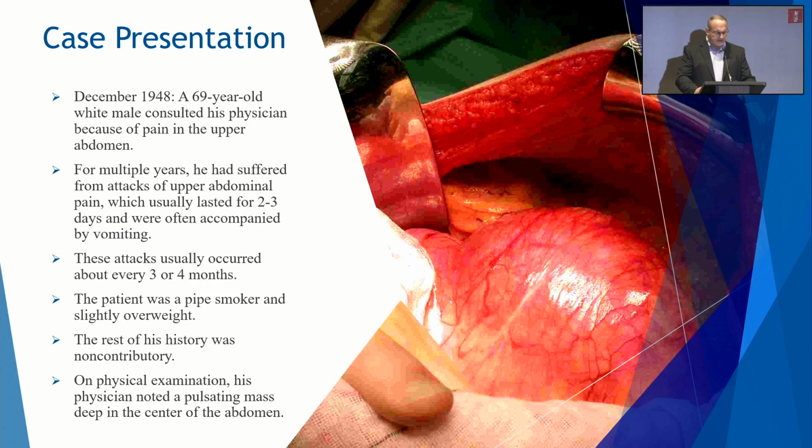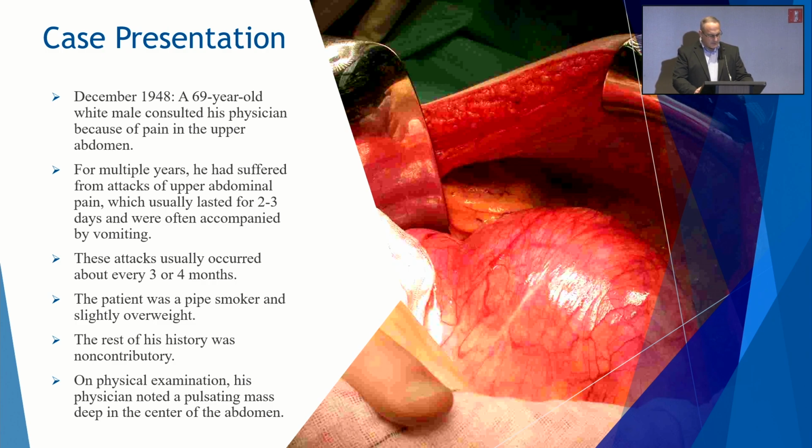Looking a little at the historical aspect of treatment for abdominal aortic aneurysms, it's really very interesting, and as a field, vascular surgery has really developed because of this pathology. In 1948, a 69-year-old gentleman who had suffered many years of abdominal pain showed up to his physician.